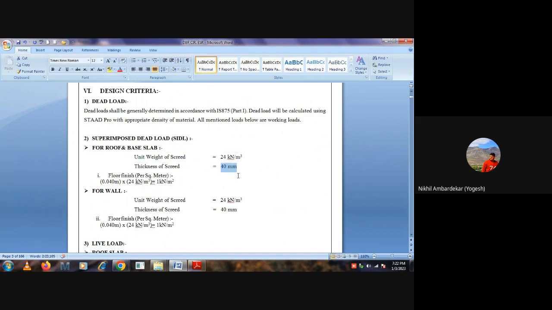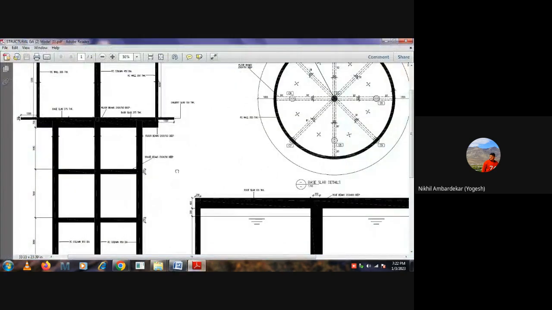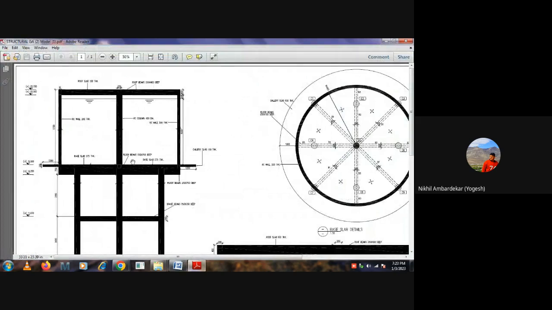We have applied this layer on top of the base slab, on top of the roof slab, and even on the internal face of the walls, so it can act as a waterproofing element, okay.